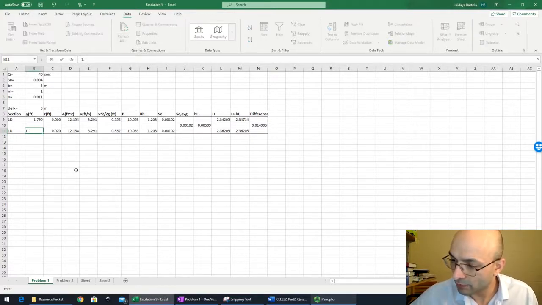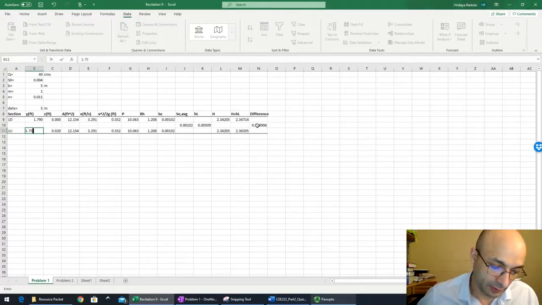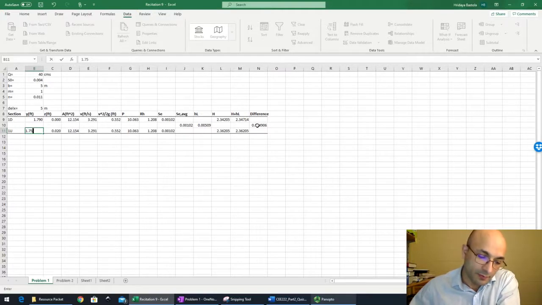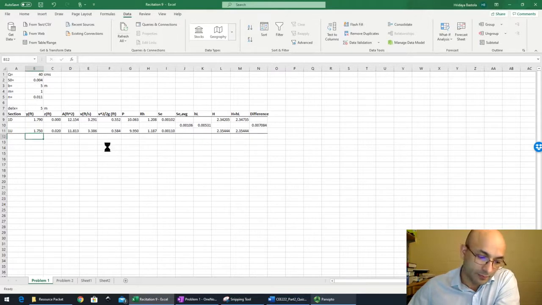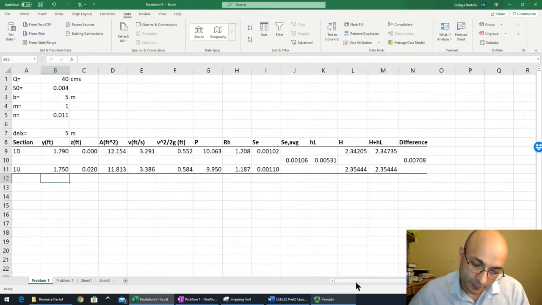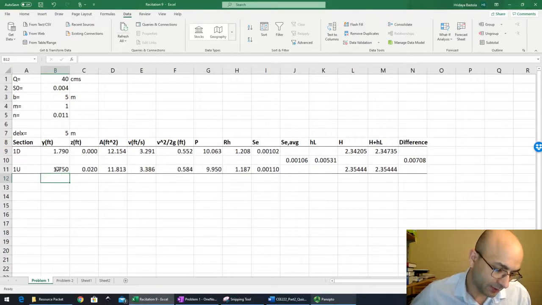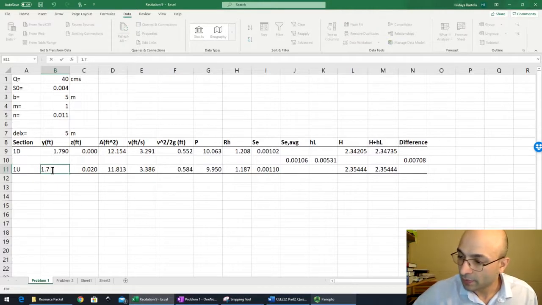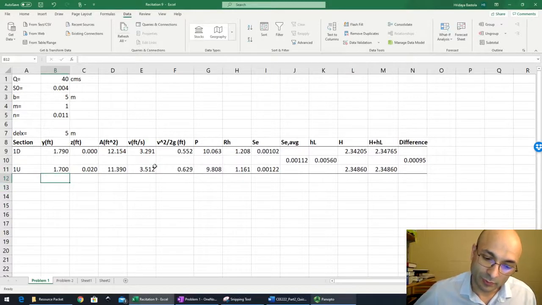Let's try a smaller value, 1.75, and see. Once I change my value from 1.79 to 1.75, the difference is smaller, so we're going in the right direction. So let me reduce it further. 1.7 will make the difference become even smaller.